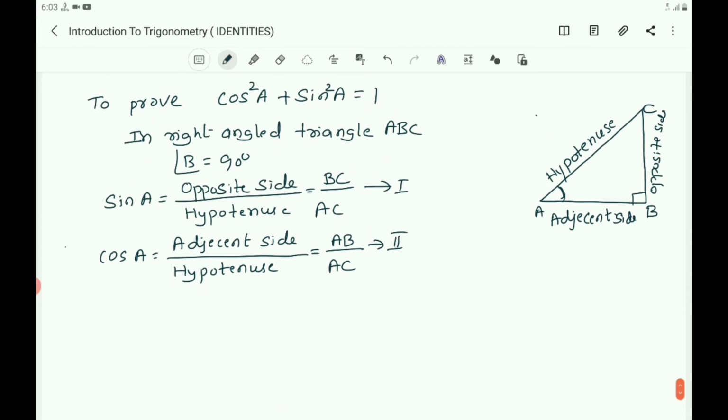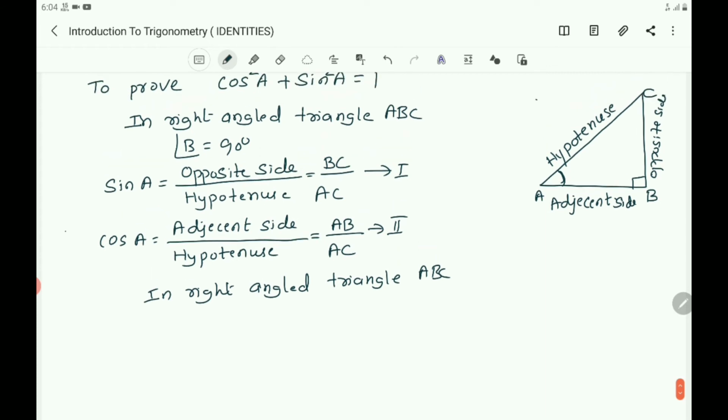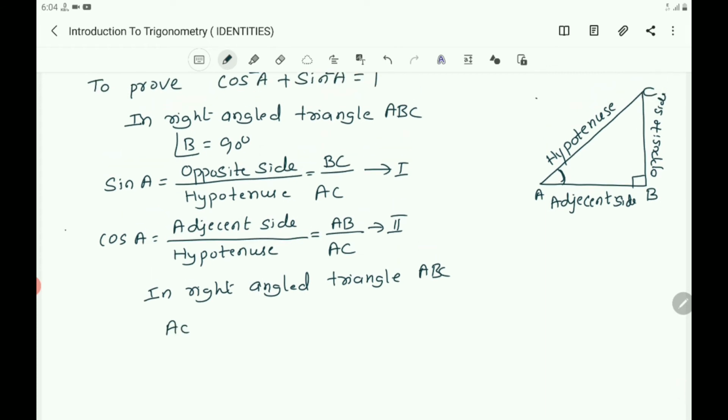Now apply the Pythagoras theorem to the triangle ABC, where angle B equals 90 degree. That is, in right angle triangle ABC, AC square equals AB square plus BC square.